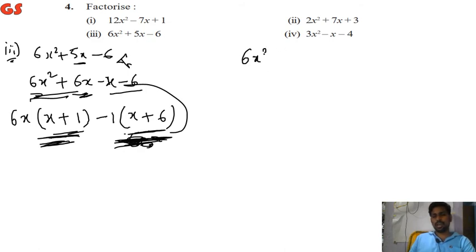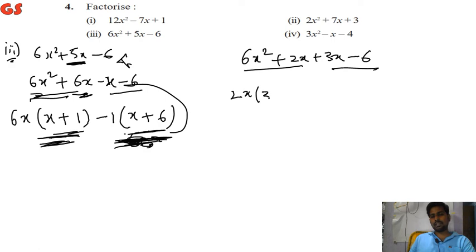Okay, 6x square plus here is 5, so you just write 2x plus 3x. 2x plus 3x is nothing but 5x, minus 6 you write as it is. Now you take the two common terms, here you take 2 as common and x as common. The remaining 3 is inside, and x. Plus 2x is outside, then the remaining, here I have to just write 1, so 2x into 1 is 2x only.